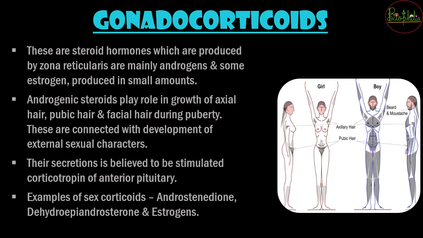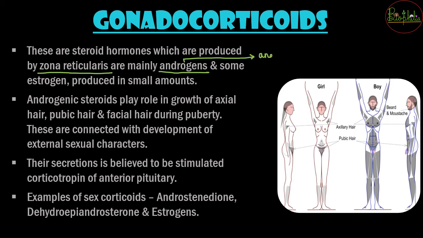So we come to the next hormone category, that is gonadocorticoids. These gonadocorticoids are the steroid hormones which come from the zona reticularis, and these are hormones that include majorly the androgens. And what are androgens? These are majorly the male sex hormones.